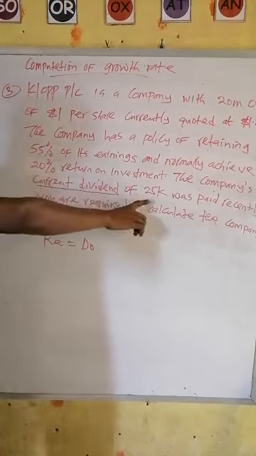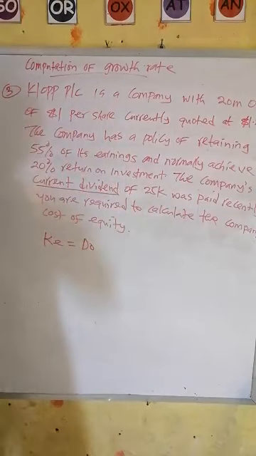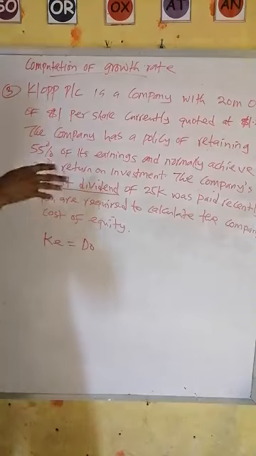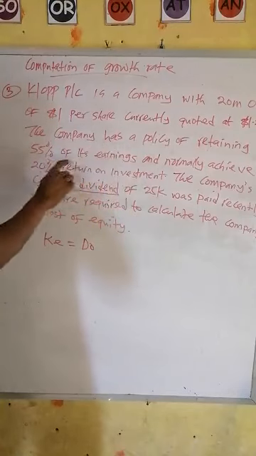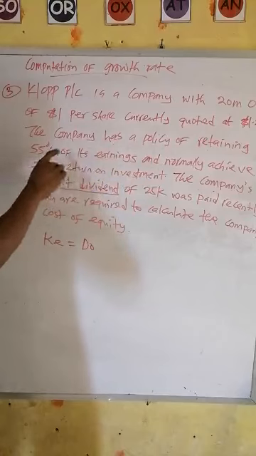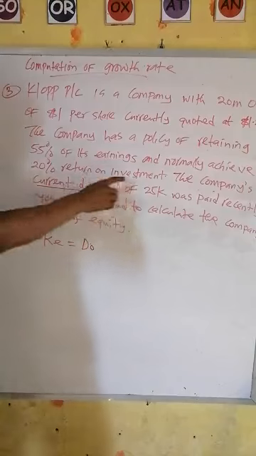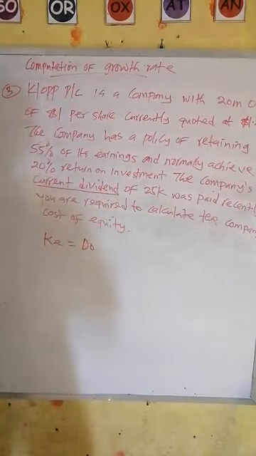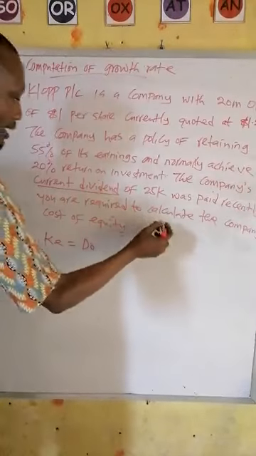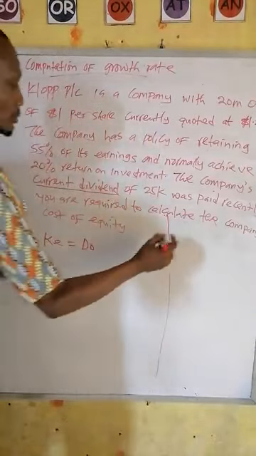We have the current dividend, but do you have a base year dividend to tell us whether to use the dividend valuation model? We don't have the base year dividend. Therefore, we are going to use the dividend growth approach because we have the policy of retaining 55% of earnings, that is the retention rate, and a return on investment of 20%. So let's compute our growth rate here.